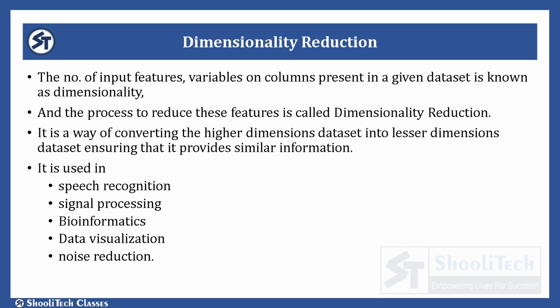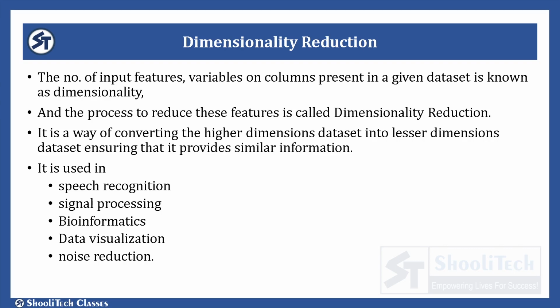Or if we take another example of a person's image, and if his image has 20 features like color of his eyes, complexion, face shape, hair color, etc., then the dimensionality of this data set is 20. Now, from a data set with a very large dimensionality, if we remove unwanted or useless features, then this is called dimensionality reduction.